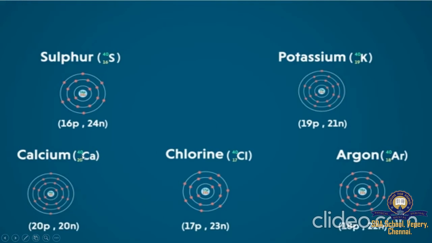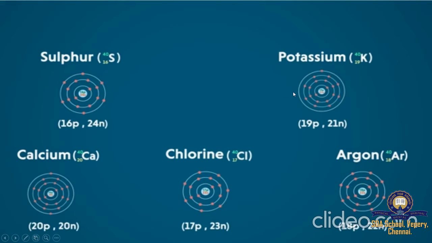For calcium it is 40 and 20, for chlorine it is 40 and 17, and for argon it is 40 and 18. So when you examine the mass number alone, all the elements have the same mass number, which is 40, but they have different atomic numbers because they differ in the number of protons and electrons.